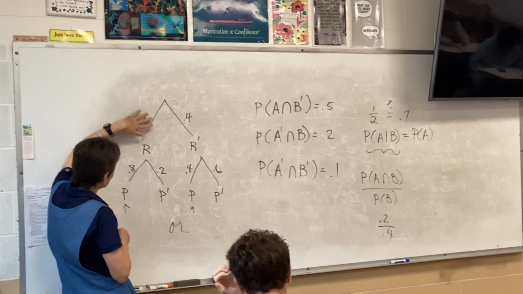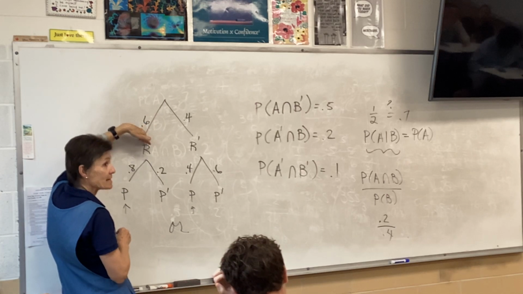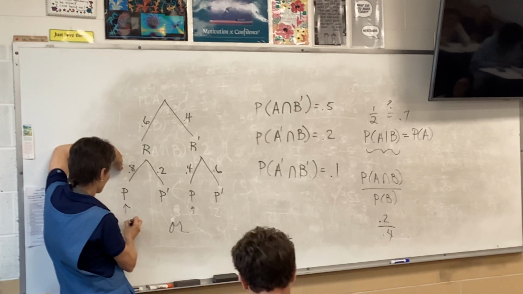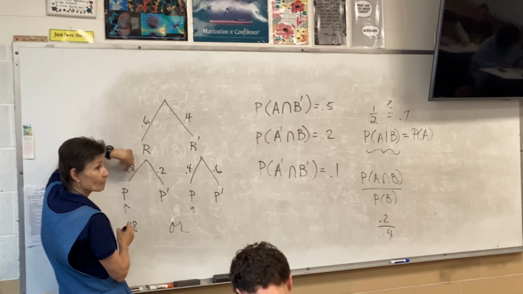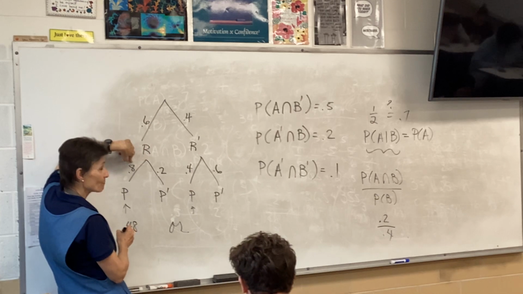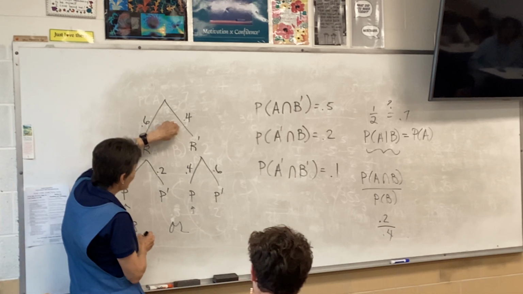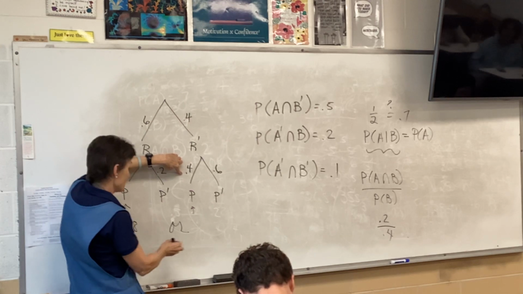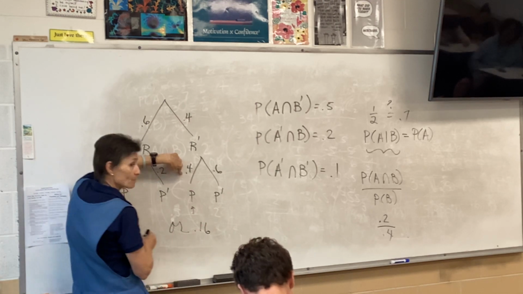So we're going to calculate this: rain and play would be 0.48. Not rain and play is 0.16.